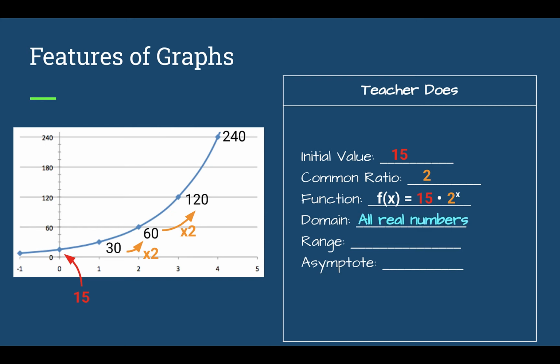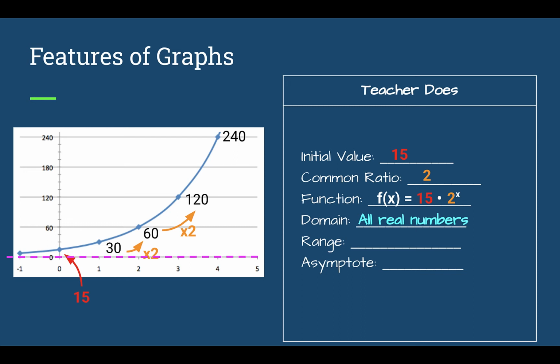So our domain is all real numbers. Again, it's always going to be all real numbers for these types of functions because we can plug in any value we want for x. Our range depends on the asymptote, so let's find our asymptote next. Well, if we notice, going backward, it is getting closer and closer to 0.